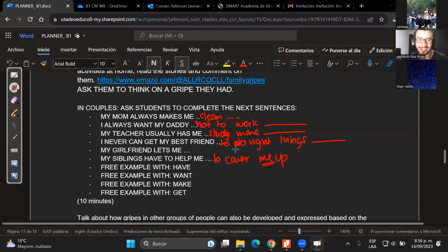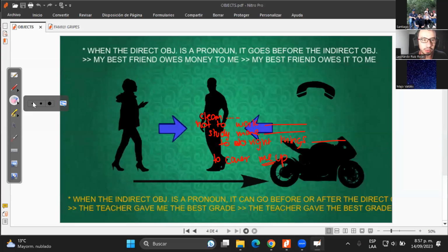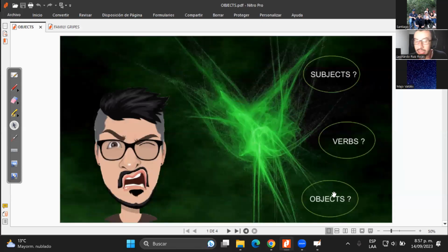Okay, guys, so basically the idea of today was working on the object of the sentence, which is a part that is not so commonly worked. Normally we focus on the subject and the verb, the simple present, the I, the she, but the object is a part which we usually skip.